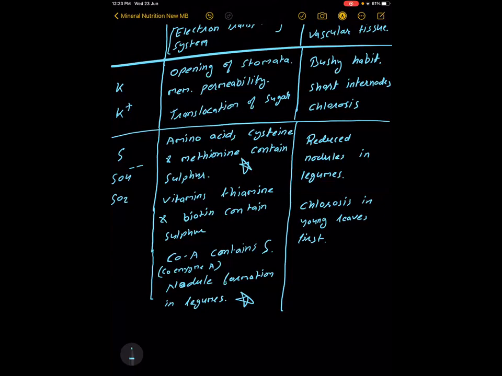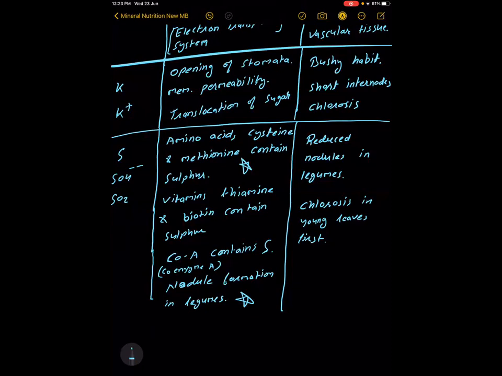If the element is movable, it can be mobilized, so first of all it is transferred to young leaves to support them, to save them. The old leaves then show the deficiency symptom. So first appearance of the deficiency symptom is in the old leaves, like nitrogen.